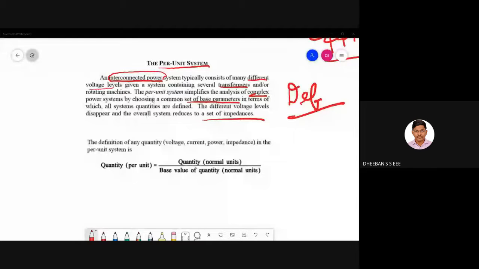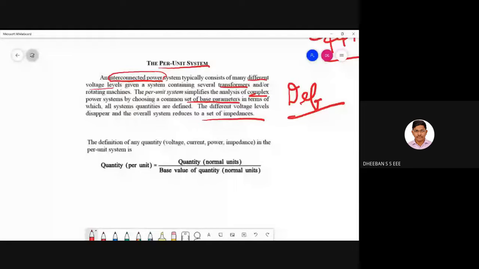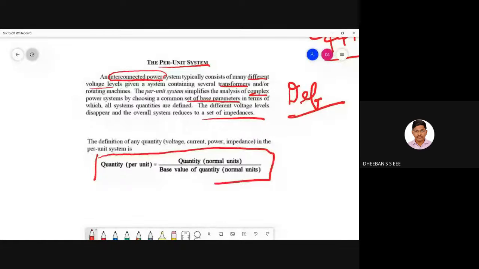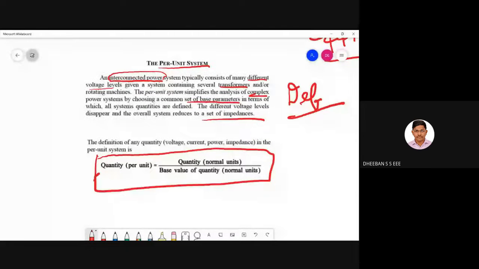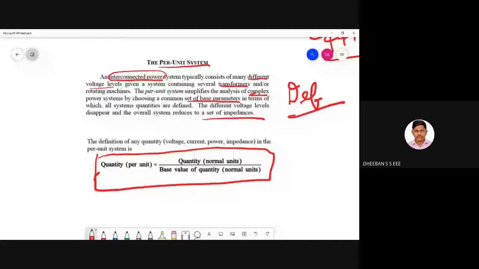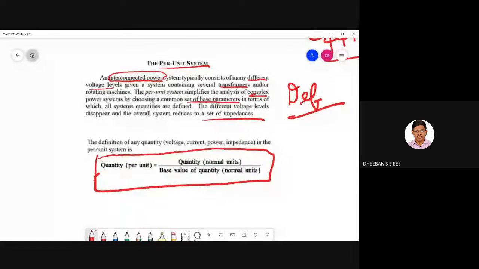Moving on, this is the definition of the per unit system. If you want, you can just note it down. This is the common formula, and based upon this formula we'll be defining the per unit for each and every bus.